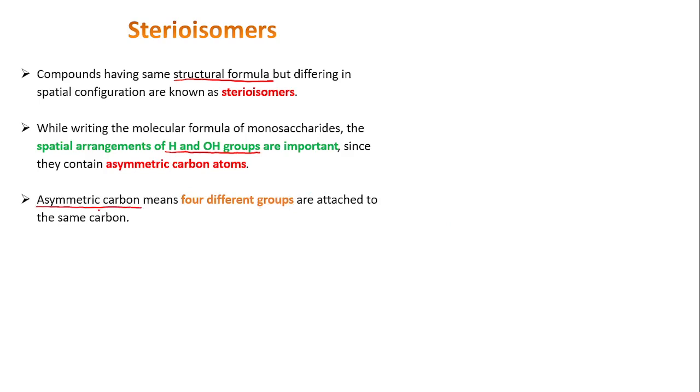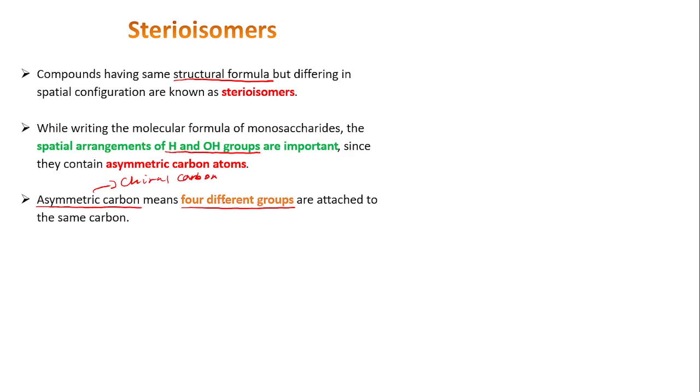An asymmetric carbon is also known as a chiral carbon, and it is just a carbon which is surrounded by four different groups. Remember, a chiral carbon or asymmetric carbon is a carbon attached to four different groups.